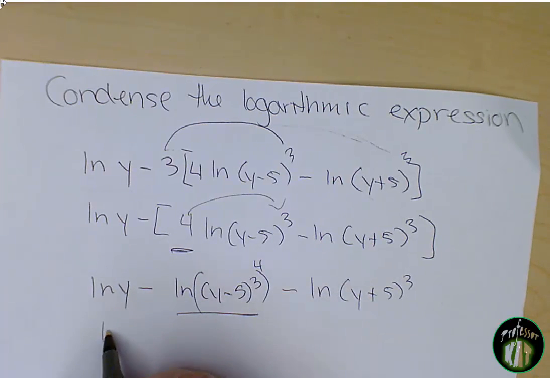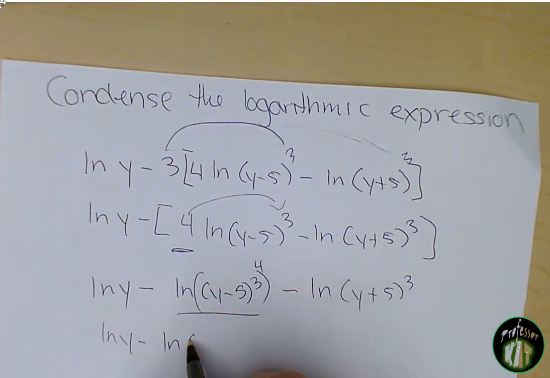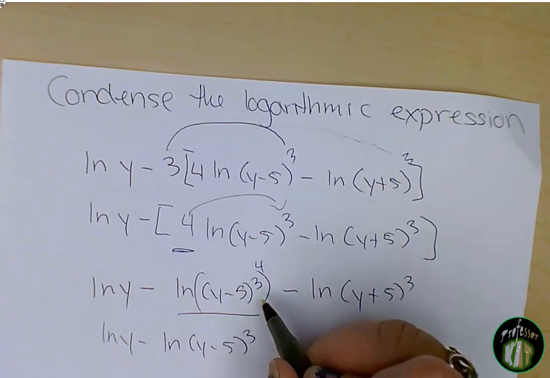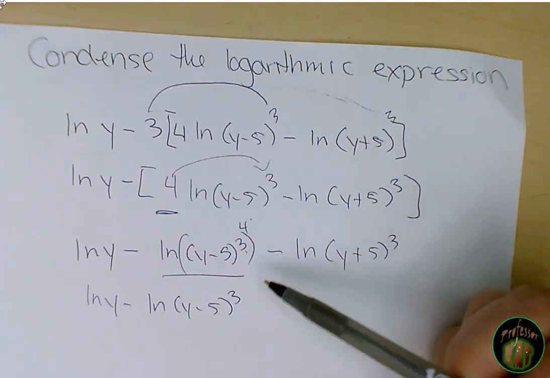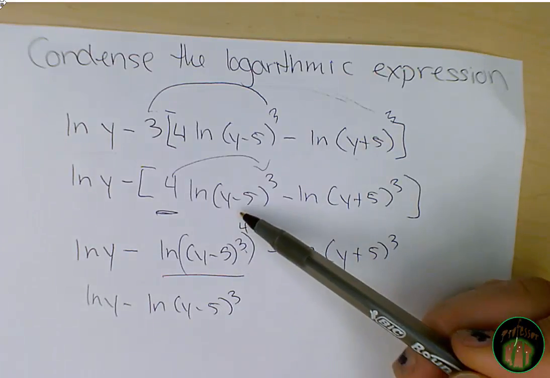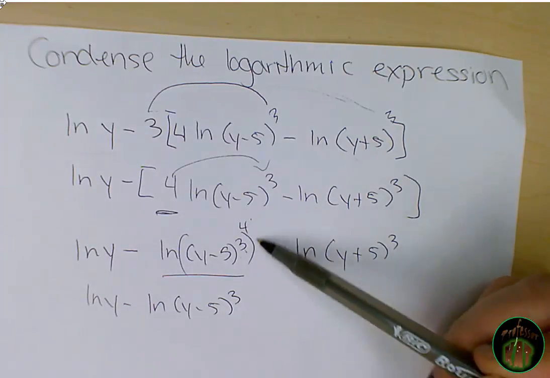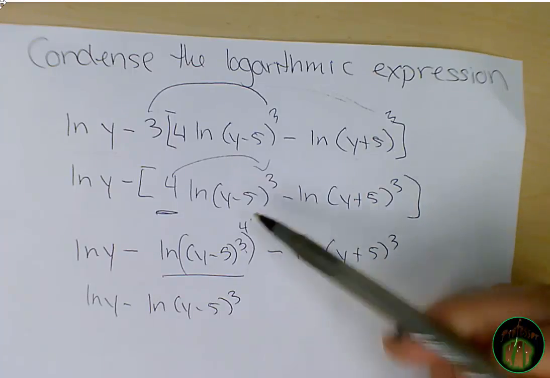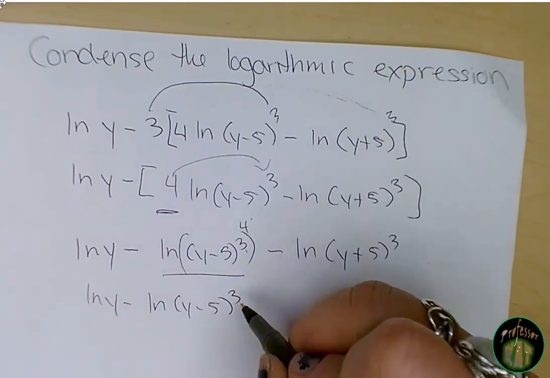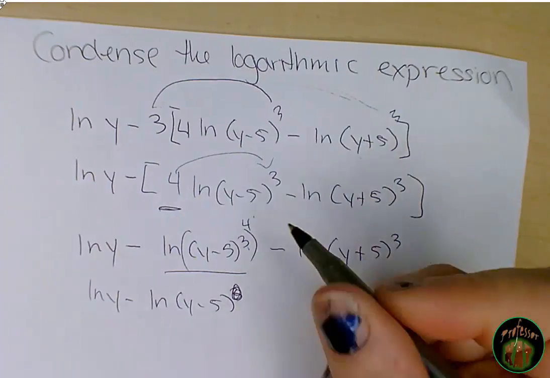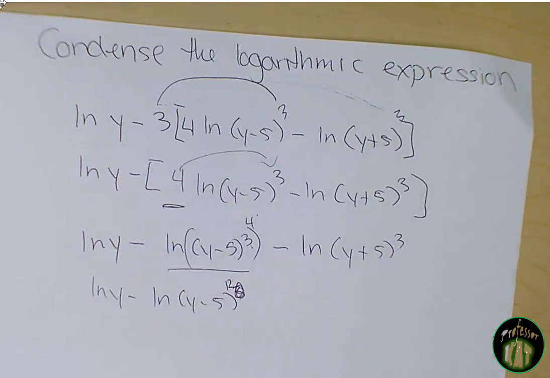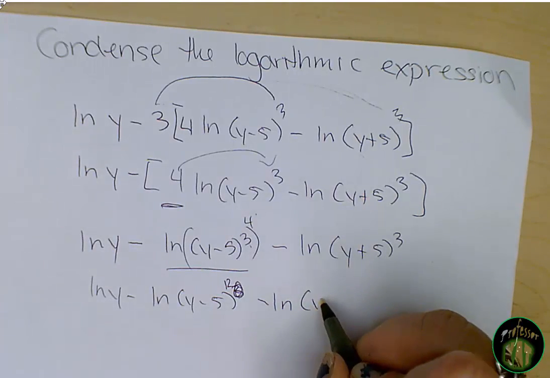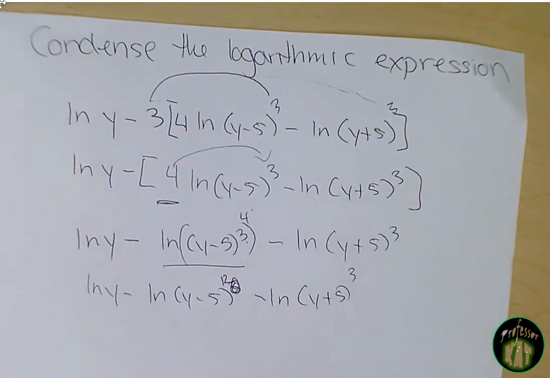We're going to simplify this middle term. Again, keep in mind that when you have a power raised to a power, that is one of your power rules that says that when you have an exponent raised to another exponent, you multiply those exponents. So 3 times 4 is a 12. So this should be ln of y minus 5 to the 12 there, minus ln of y plus 5 cubed.